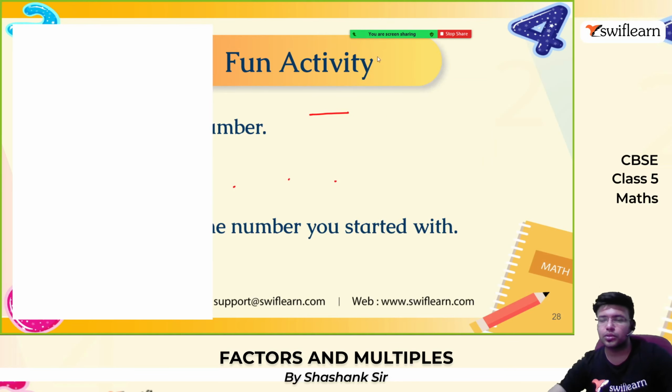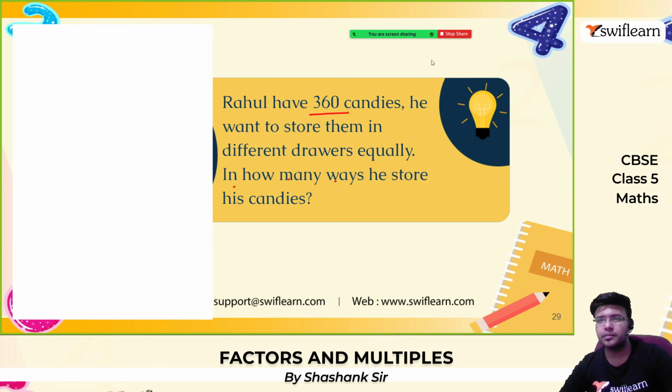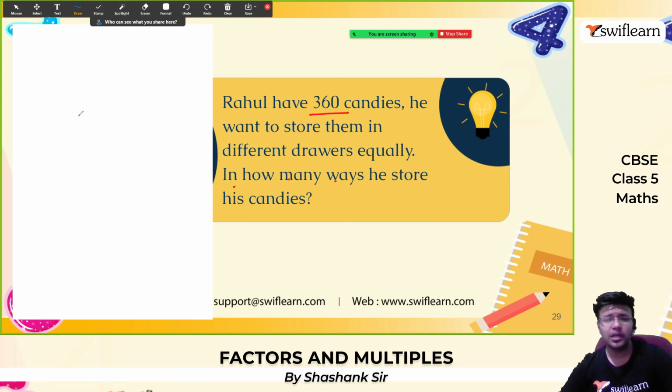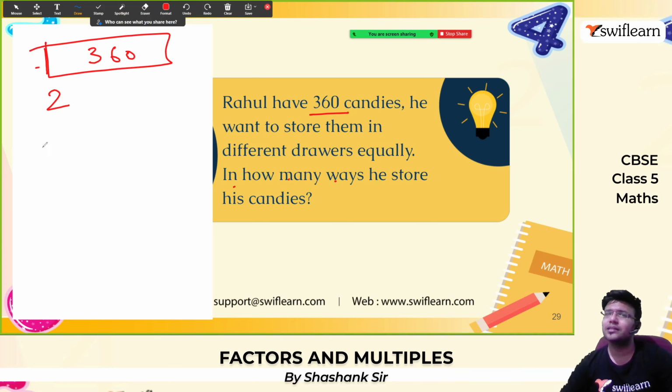Okay, so 360. Assuming in how many ways he can store, in one drawer he can put 360, like this. He can't arrange like 1 and 360, he will get 361, not like this. So in only one drawer he can place 360.